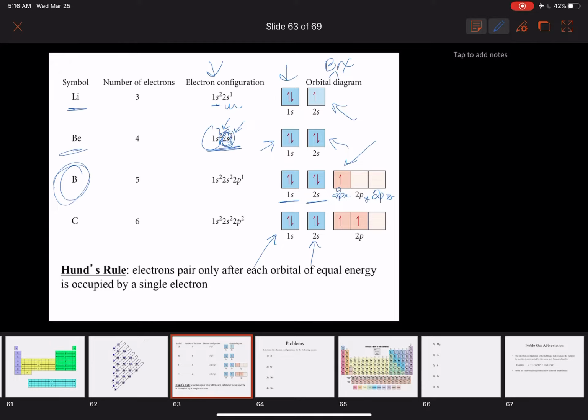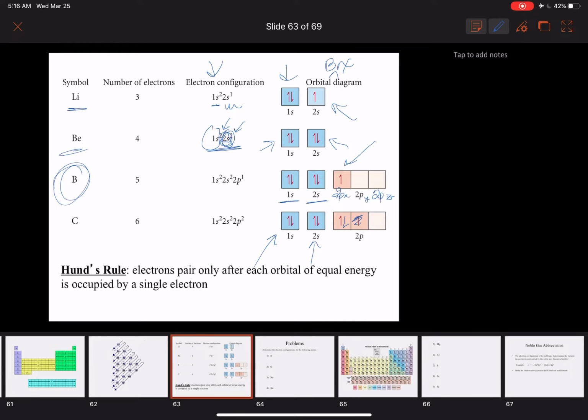Now, it would seem logical for us to put the second electron that's going into the 2p's right there and pair it with the first electron right there.